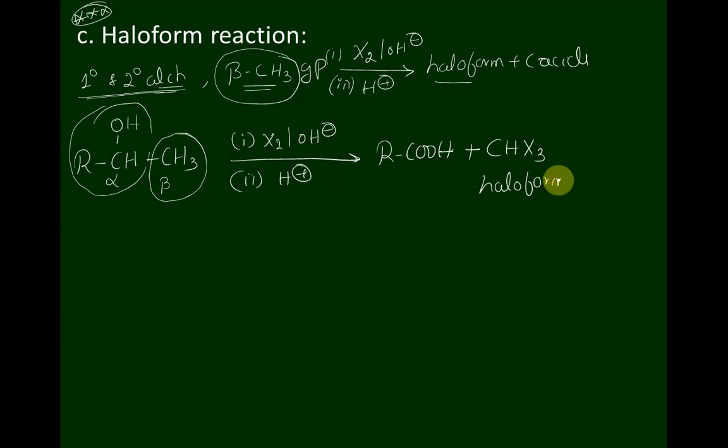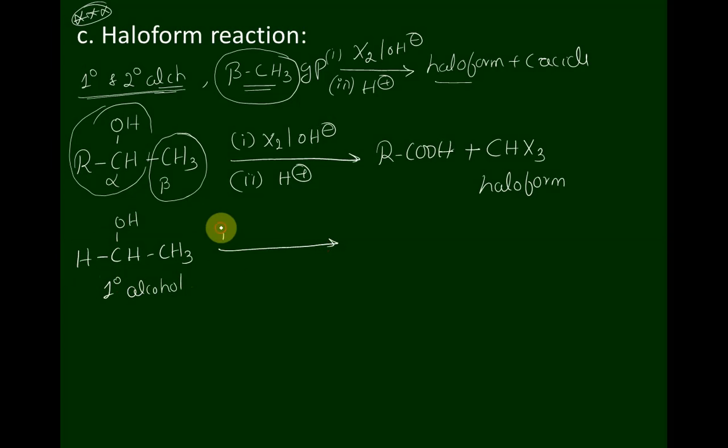For example, H-CHOH-CH3, that is ethanol, a primary alcohol containing a beta CH3 group.